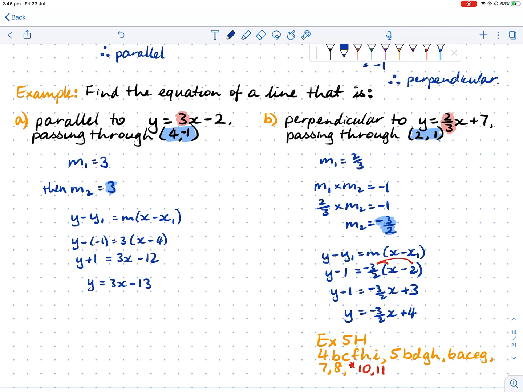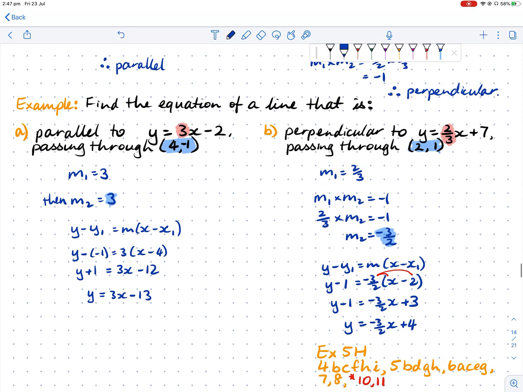So when we're looking at these questions, the main thing that we're working with here is working out a new gradient. Now, these fraction ones are actually quite interesting. When we're looking at the 2/3 and the 3/2, you can see there are points that are quite similar between these two values.